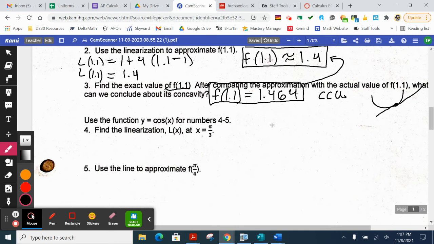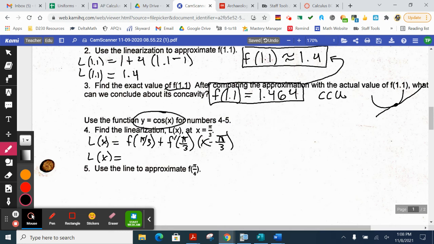One more of these, make sure we have this. So this is the linearization. The functional value of pi over 3 plus the derivative value at pi over 3, and then times x minus pi over 3. Functional value at pi over 3, cosine of pi over 3 is what?